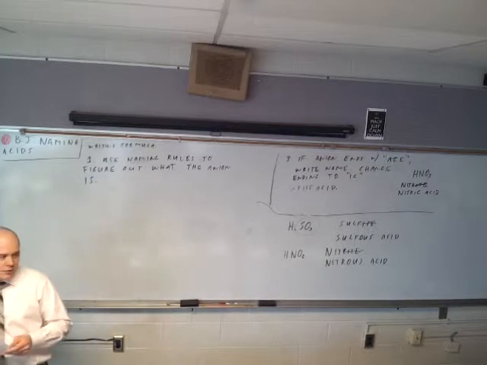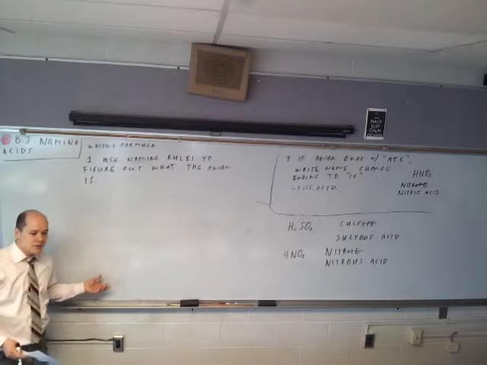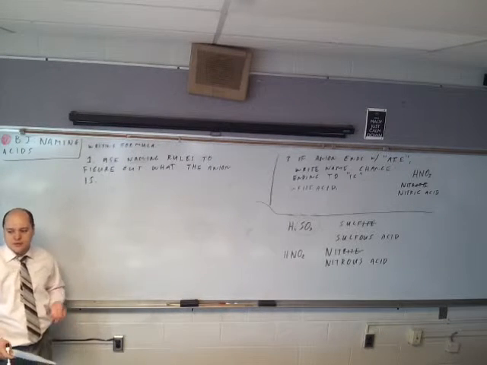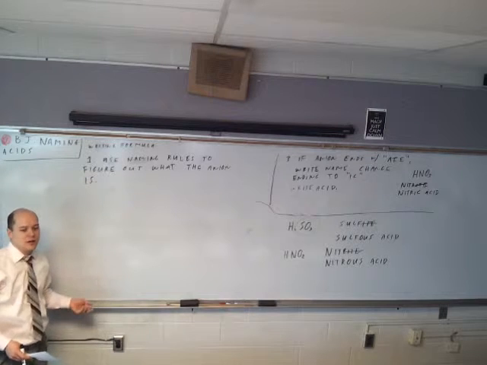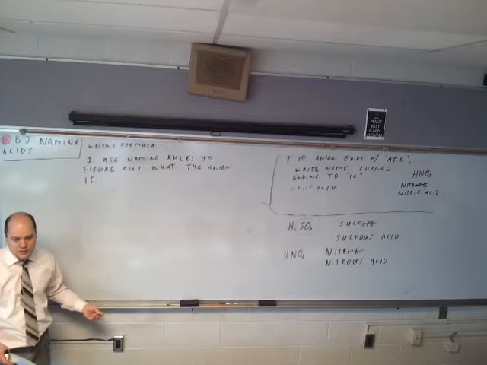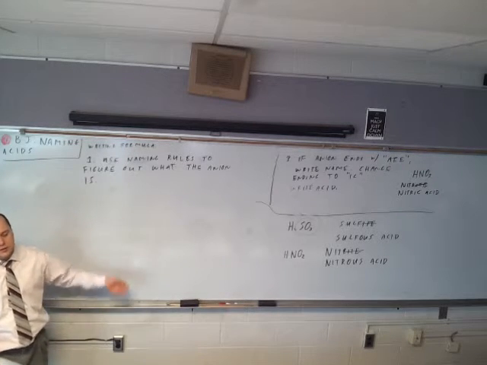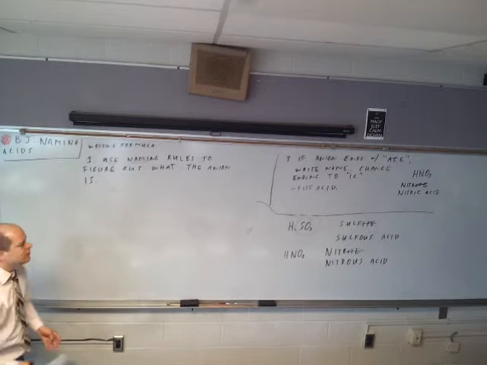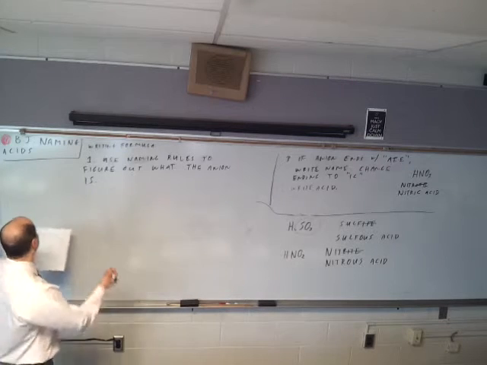So look over your rules and be careful. If you see hydro, that means the anion is going to be a single element. If you don't see hydro, then the anion is going to be a polyatomic. If you see OUS at the end, that means it ends with ITE. If you see IC, it ends with ATE. Let's look at an example.